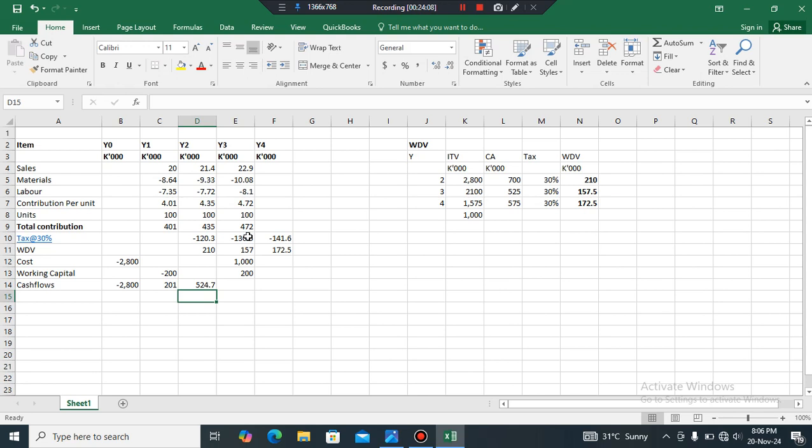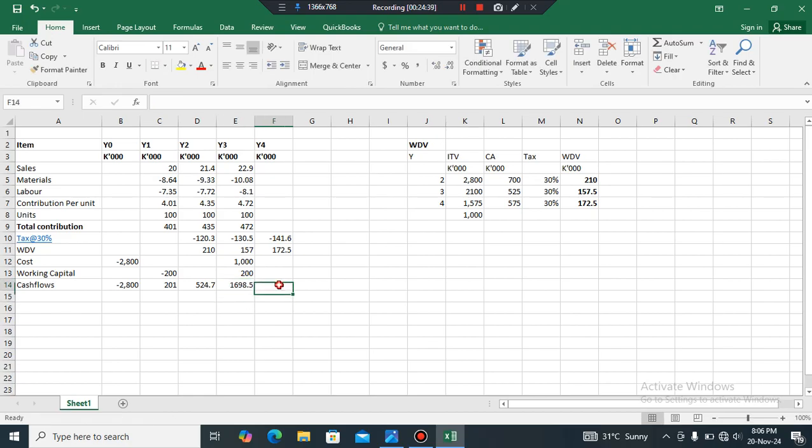And then we have 472 minus 130.5 plus 157 plus 1,000, plus the working capital of 200, giving us 1698.5.